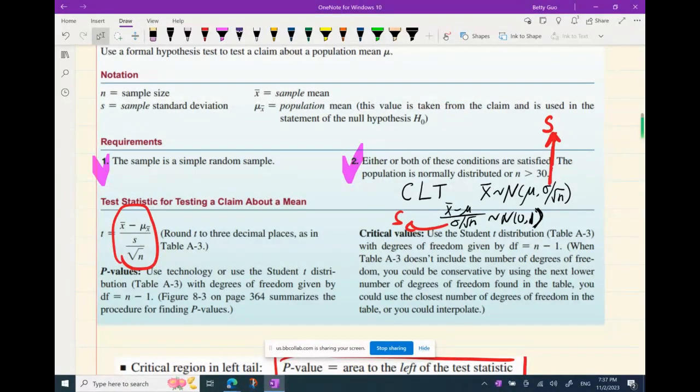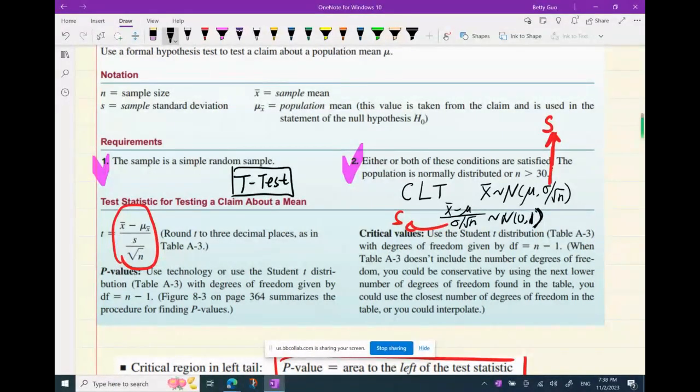So the test statistic for testing the population mean mu is a t-score. In a calculator, when we need to test a claim about the population mean, the function we are going to use is a t-test. First, I want you to remember that.